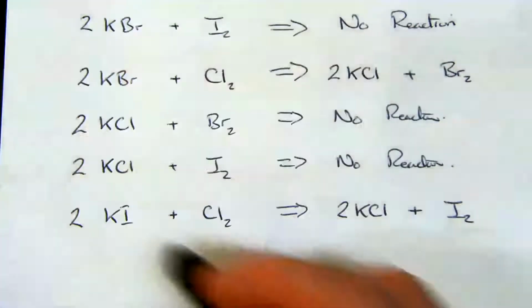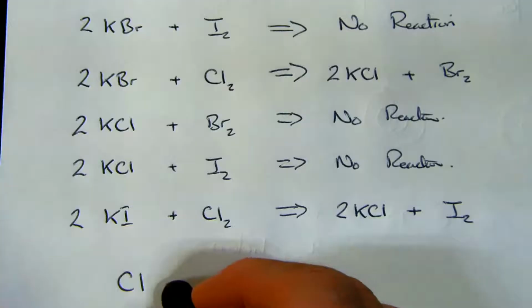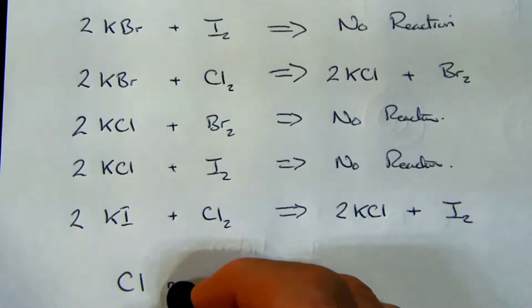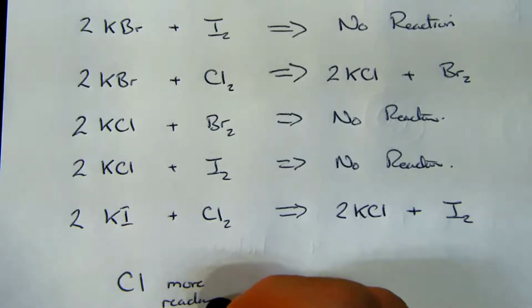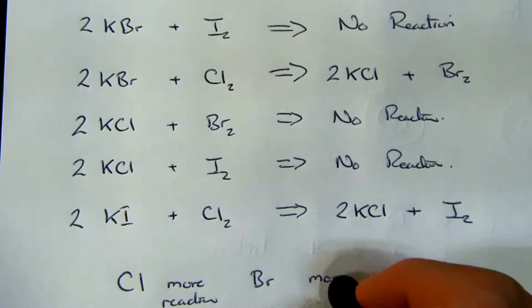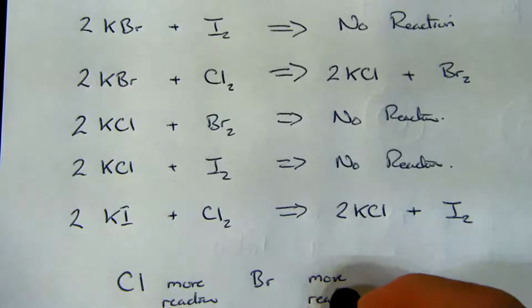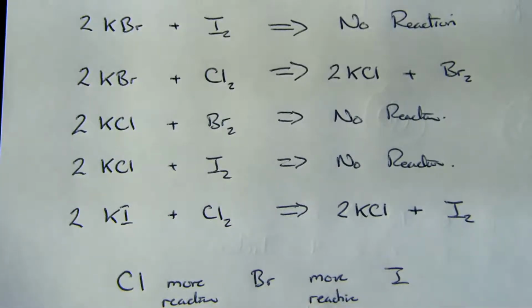So from this, we can determine that chlorine is more reactive than bromine, which is more reactive than iodine.